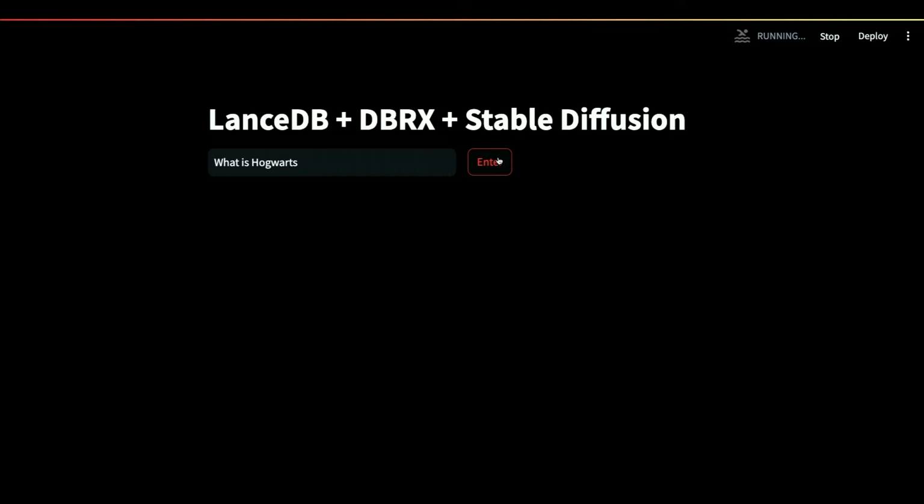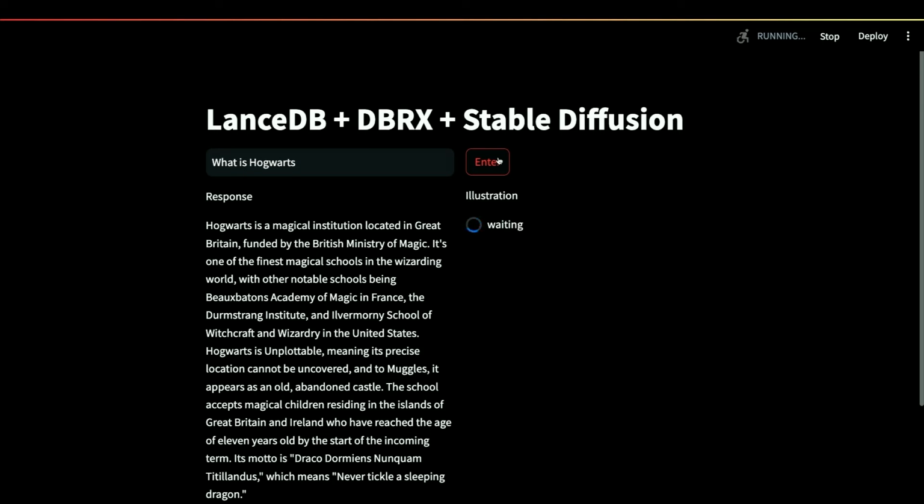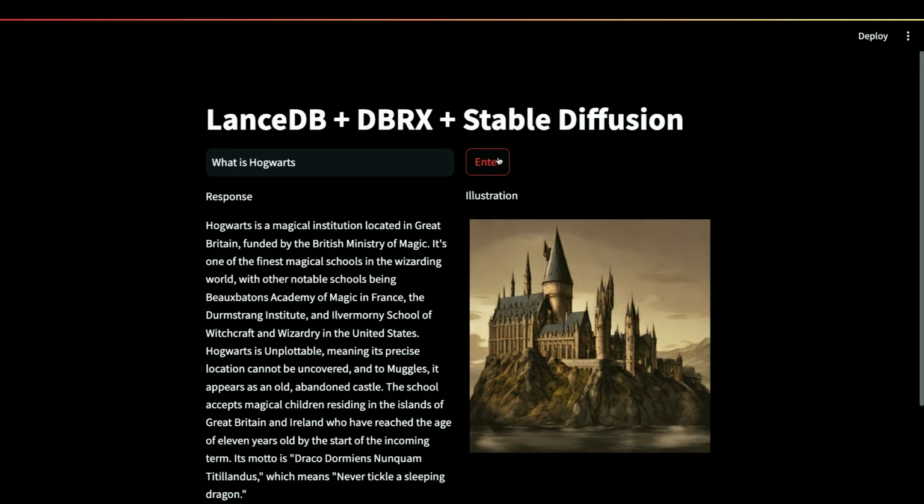It's going to fetch the relevant documents from LanceDB on Hogwarts, and then it's going to use DBRX to generate the answers, and then it'll illustrate the response using Stable Diffusion. Or you can say something like, how do you play Quidditch?